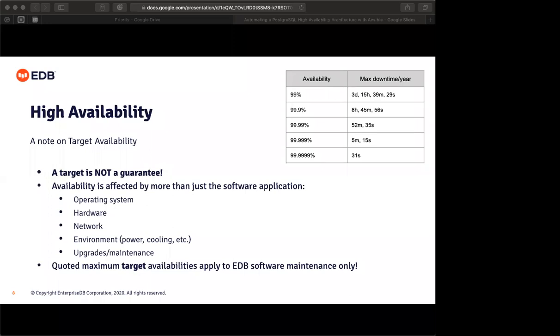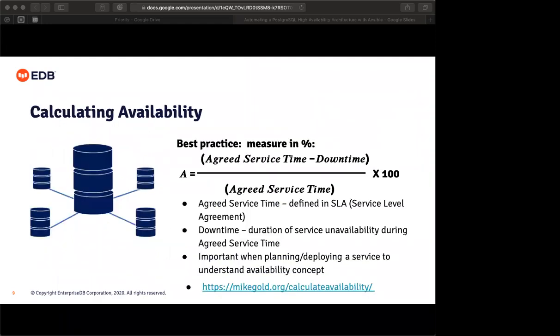So again, as I mentioned, target availability is focused on how much you want to achieve out of your system, how much you're providing to your users. There are some best practices to calculate high availability. Here you can see one formula which I got from mygoal.org for calculating availability.